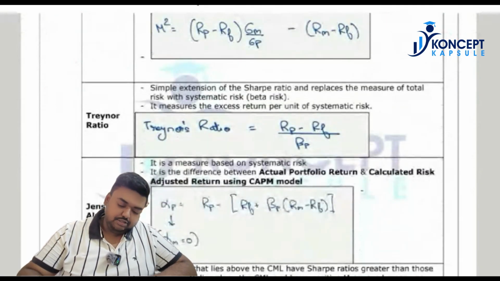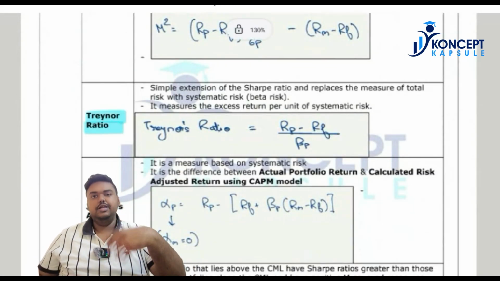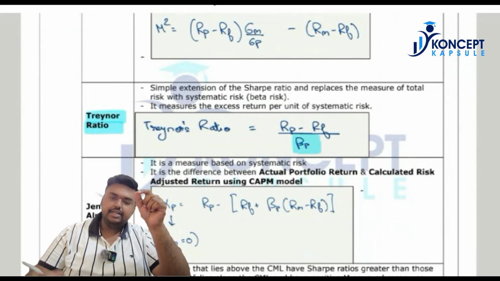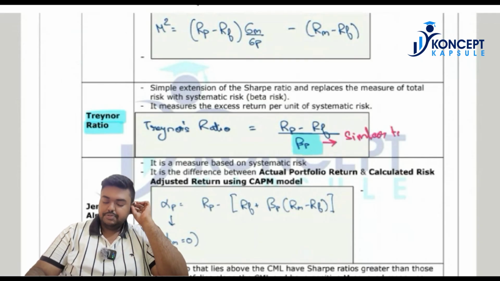The second ratio that we will do is the Treynor ratio. Treynor ratio is similar to Sharpe ratio. The only difference is in the denominator, where rather than the total risk we have beta.